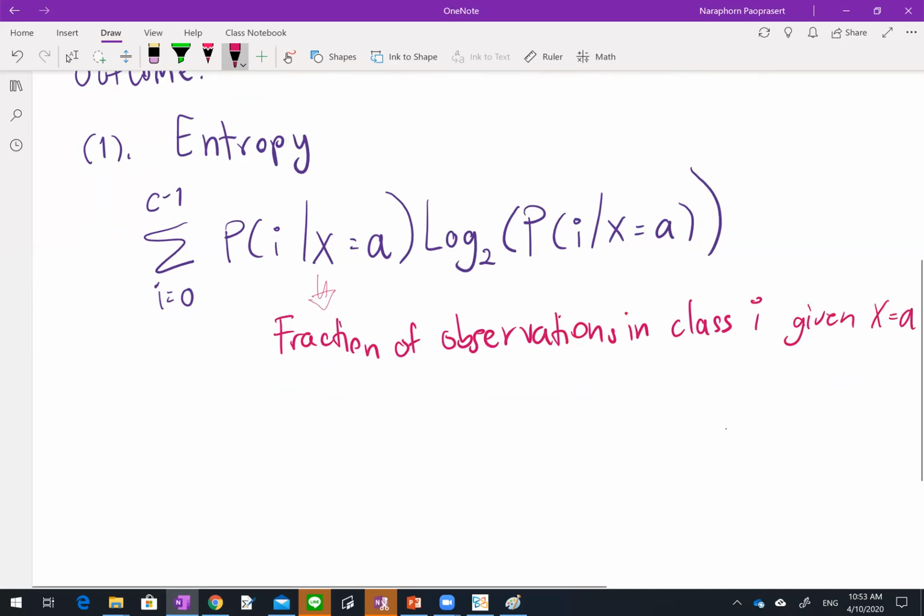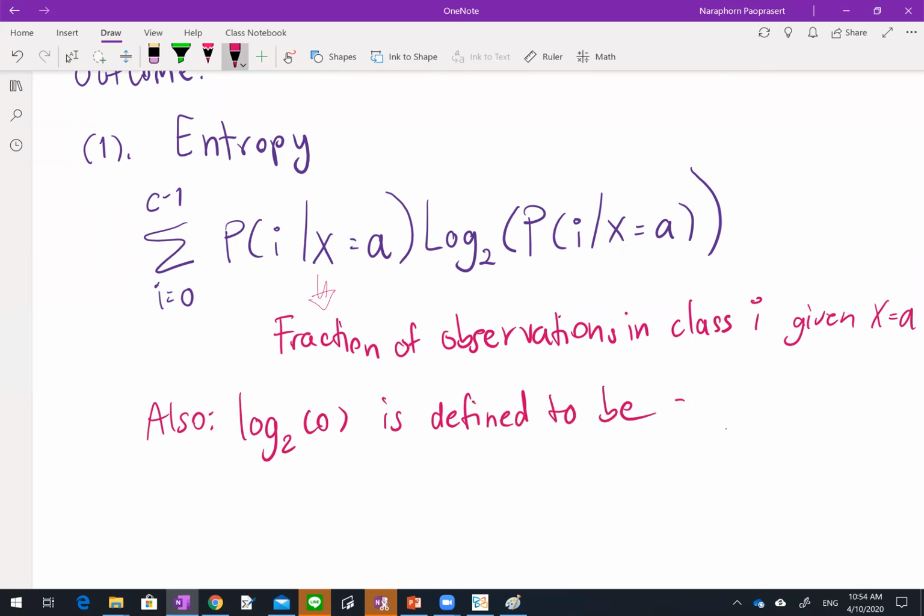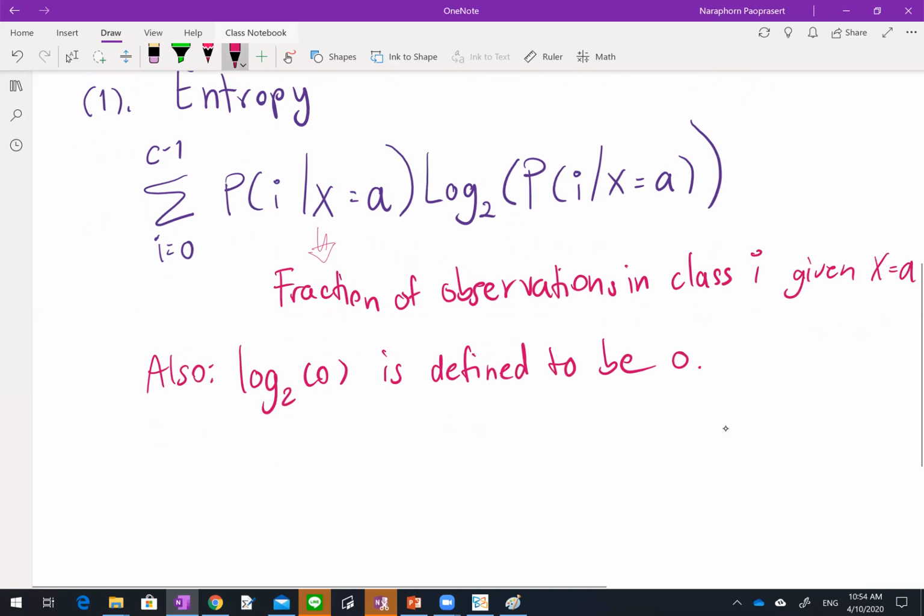And I'll explain it in terms of the actual example. Also, log 2 of 0 is defined to be 0. Normally log of 0 is undefined, but we define here that log 2 of 0 is 0. All right, so this is about entropy.